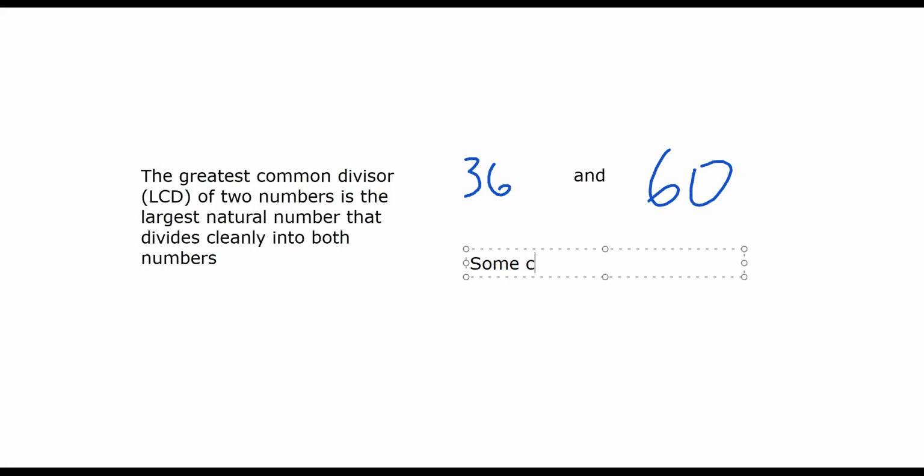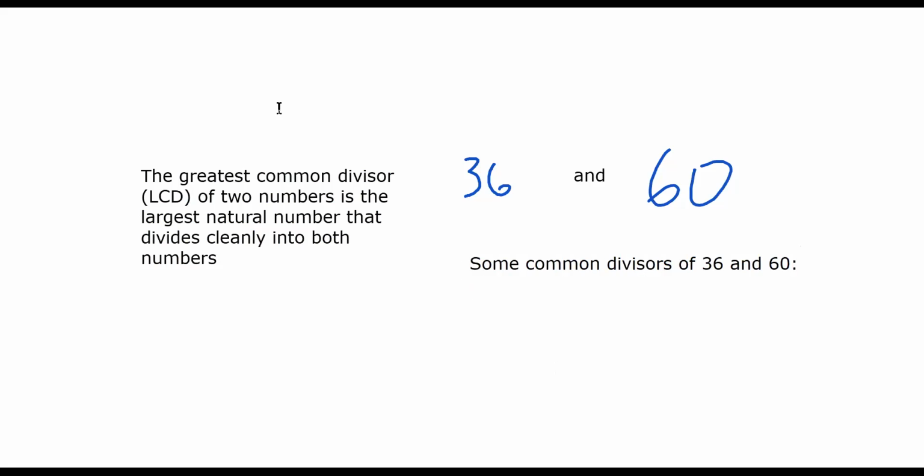Let's say you had, how about, what's an interesting one? How about 36 and, how about 60? Here's some common divisors of 36 and 60.